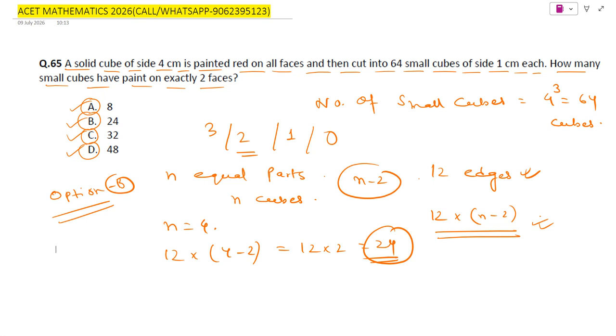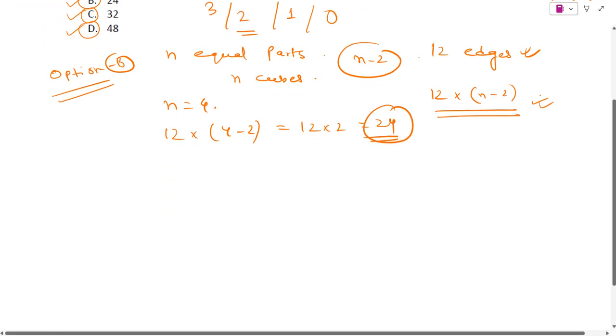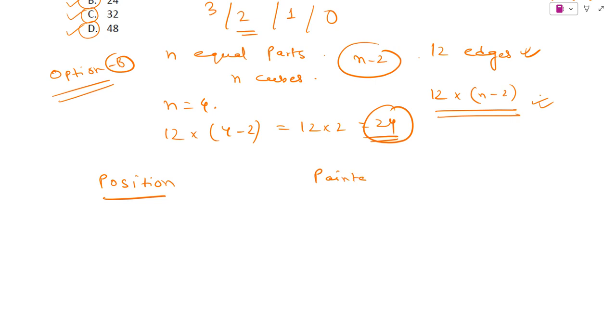Now, instead of remembering many different tricks, remember this table. I'm writing here the position and here the painted faces. Okay. For the corner cubes, this is 3.